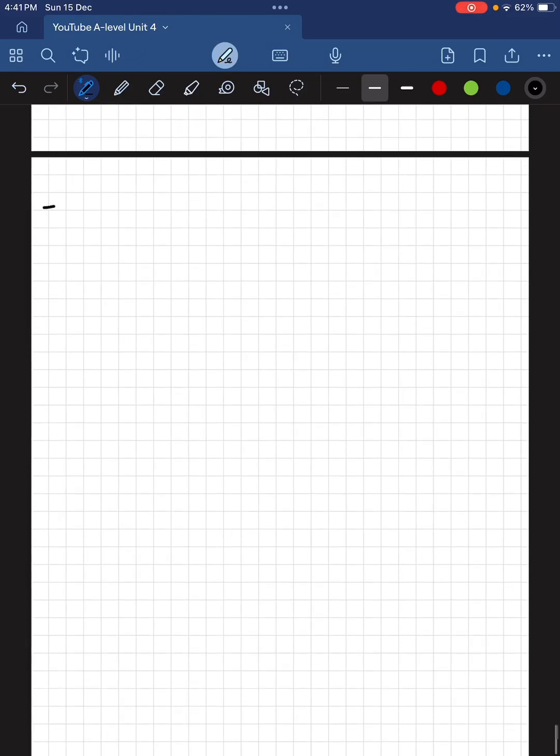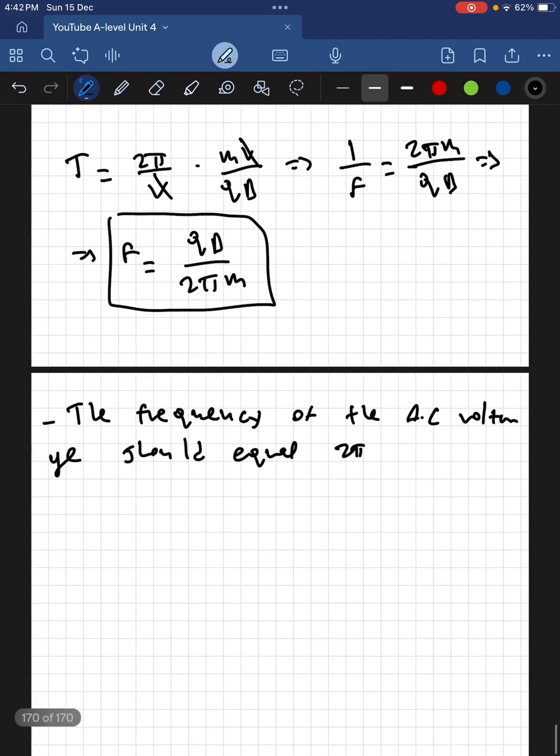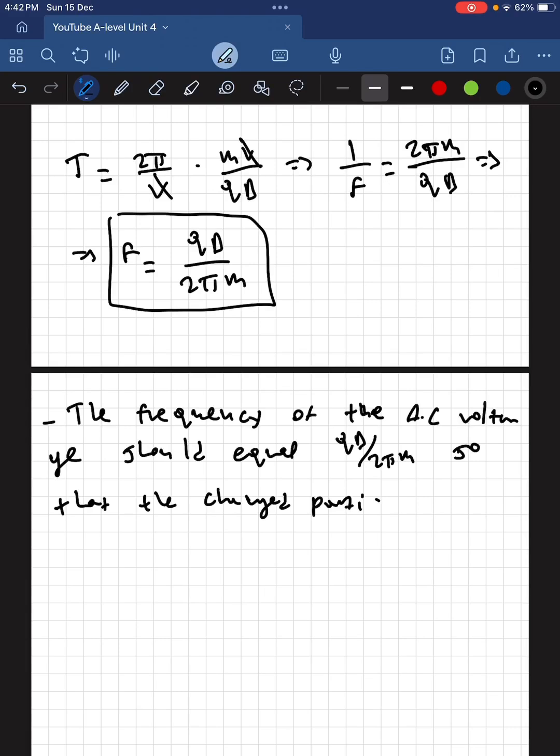So the frequency of the AC voltage should equal qB over 2 pi m, so that the charged particles are always accelerated.